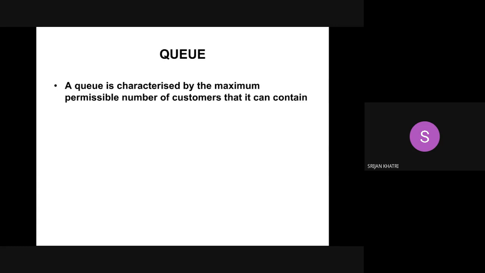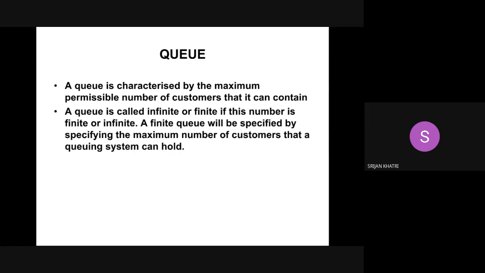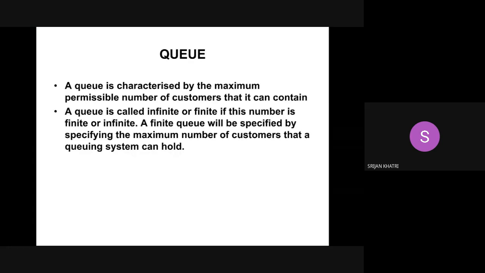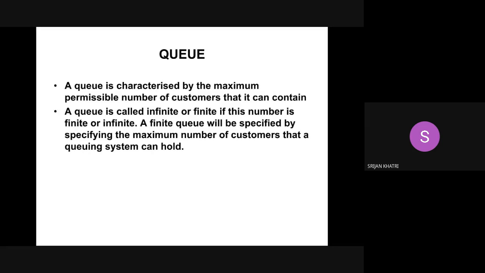So here the queue we define by the system capacity. Here the queue can be infinite or finite, depending on whether this capacity, this limit, is finite or infinite. A finite queue will be specified by specifying the maximum number of customers that the queuing system can hold.